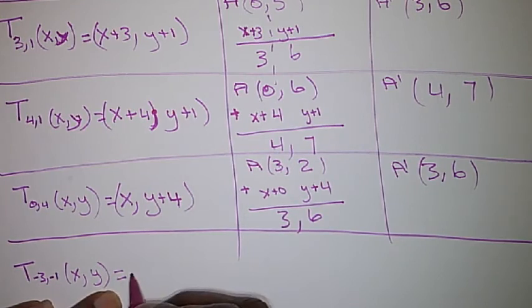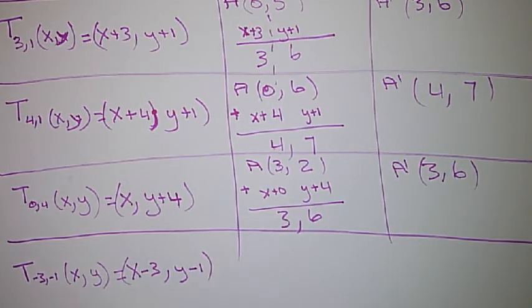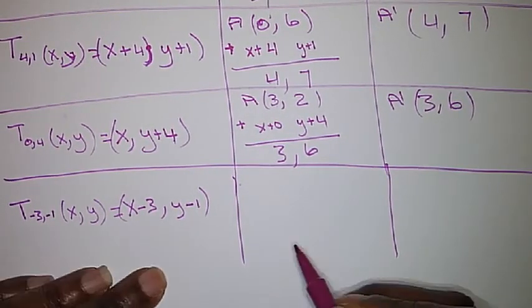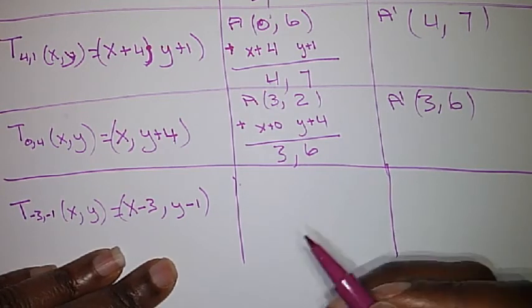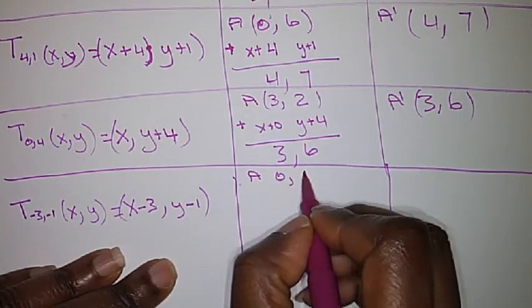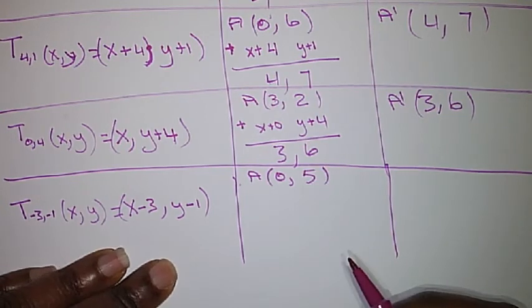So my X, I'm going to subtract 3 from my X, and Y, -1. And remember I was saying add earlier. So we're still going to add. Coordinate point. Let's do 0 and 5 again.